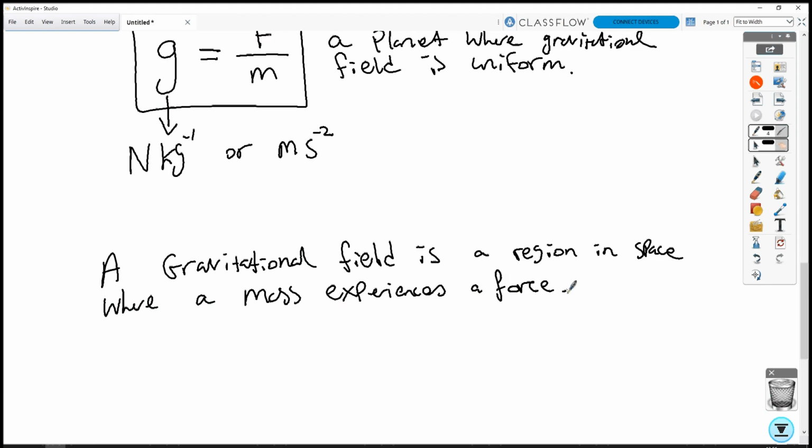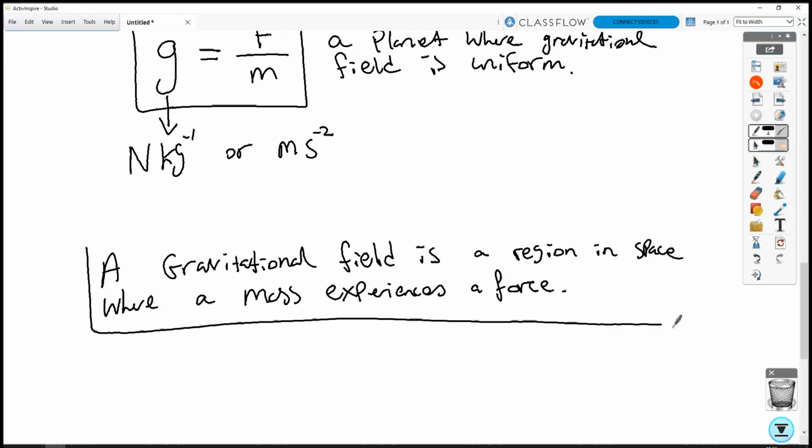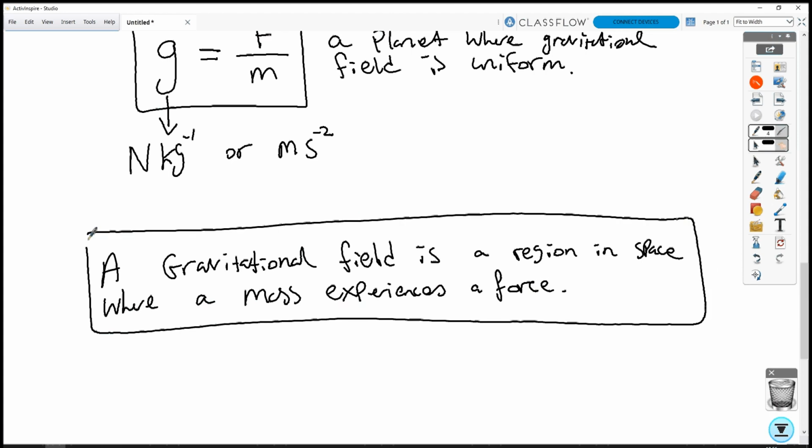So if you have an object that has a mass, which is all objects, in a gravitational field, they will experience some force. And the forces of a gravitational field are always attractive. They are never repulsive. And that now is the end of 7.2.1.